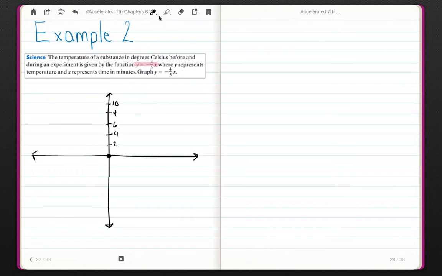I'm going to make my pen a little bit smaller so it's a little easier to read. -2, -4, -6, -8, -10, -12. Doesn't matter if my positives and negatives are exactly the same. They can go up a little further or down a little further. That's fine.